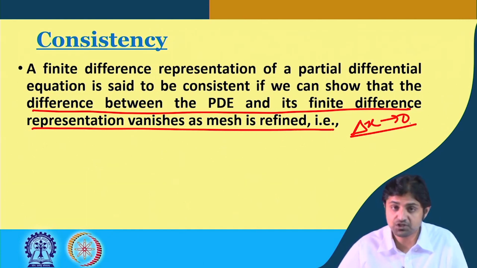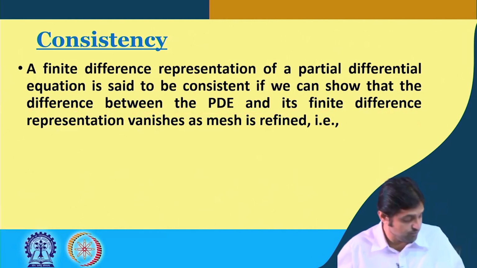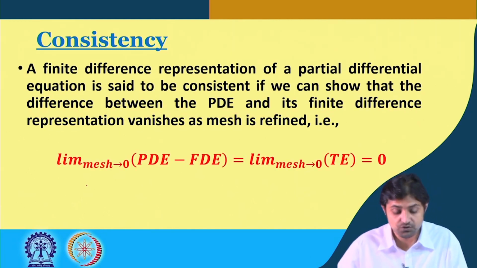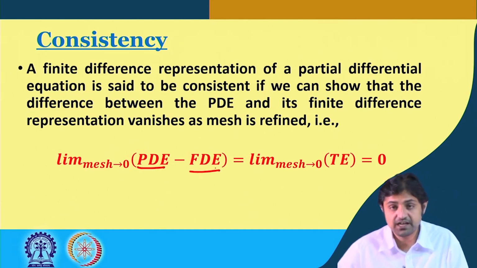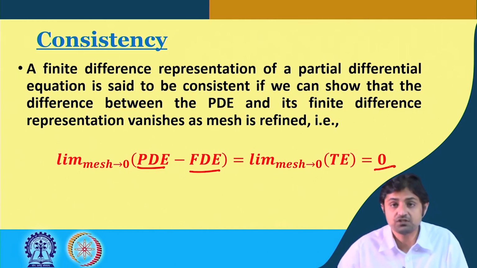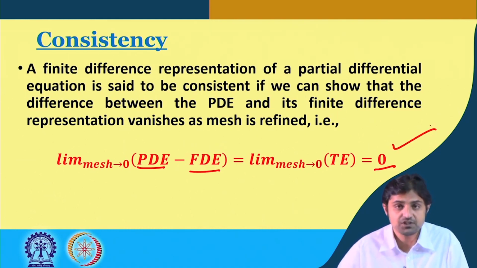You remember we had this limit delta x goes to 0 in your limit analysis. So, in the limit of mesh going to 0, the partial differential equation minus the finite difference equation goes to 0. If we are able to show that, that means our solution of the partial differential equation using the finite difference representation is consistent.